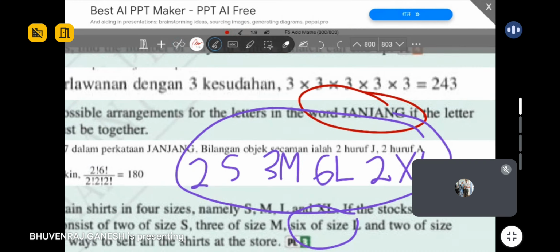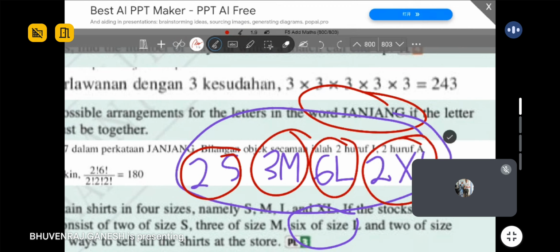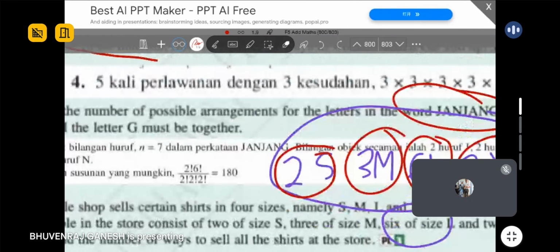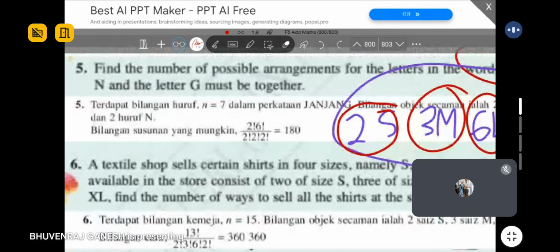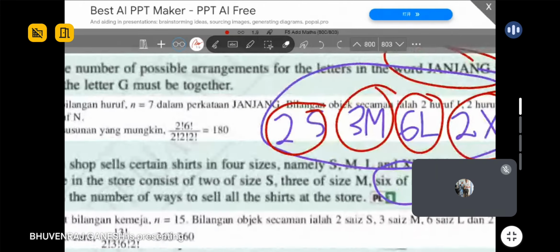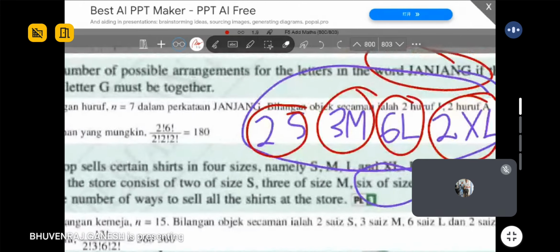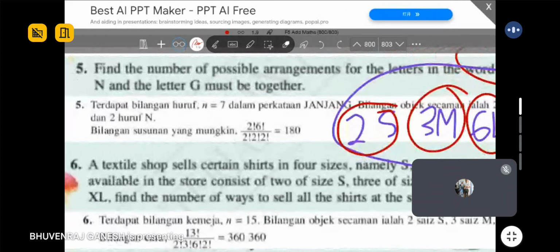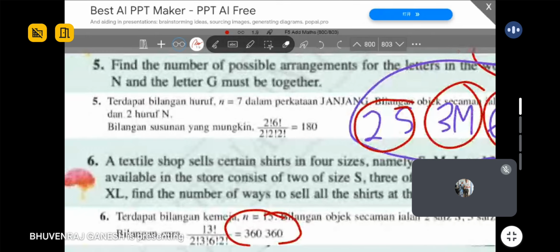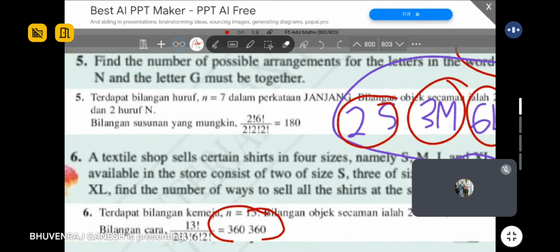Betul? All of these are the same. 2S, 3M, 6L, 2XL, so all of these are identical objects. Object yang serupa. So it means that you need to divide all the objects: 2 factorial, 3 factorial, 6 factorial, 2 factorial. So final answer, kamu akan dapat satu nombor yang sangat unik. You will get a very special number, 360, 360.